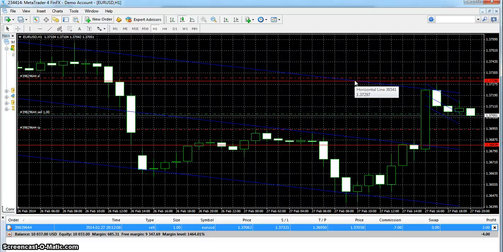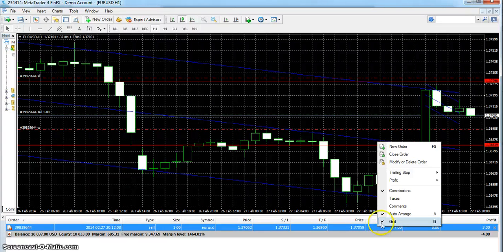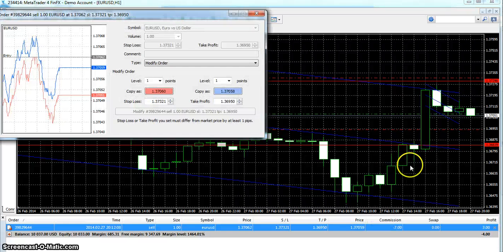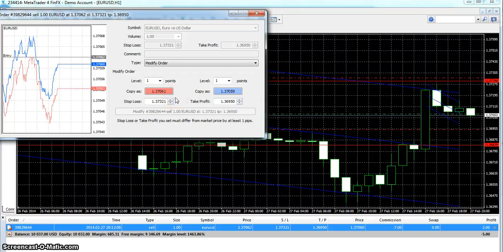Okay. The other way that you can put in your take profit and stop loss is you can right click on your trade and modify, and then right here you have the ability to put in a specific number.